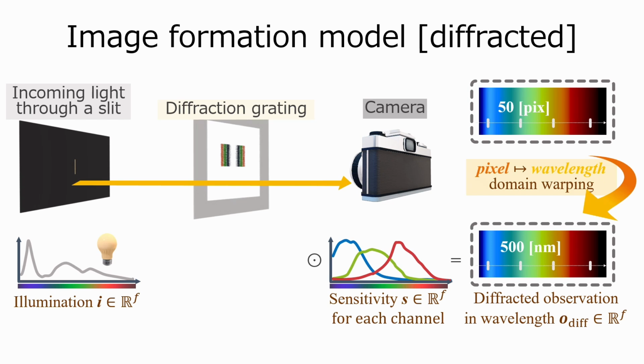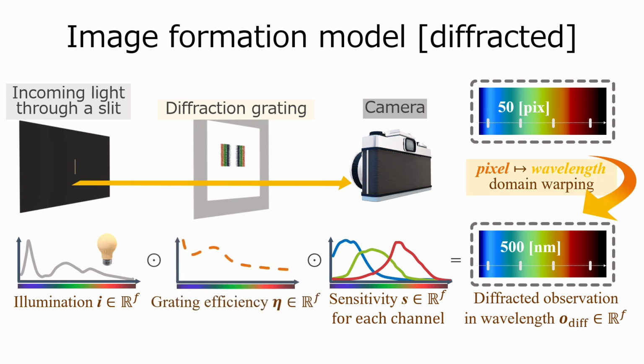But this part will be omitted in this presentation. That said, inexpensive holographic diffraction gratings are not perfect, and therefore, in addition to the ideal model, in practice, the diffraction grating exhibits an unknown wavelength-dependent efficiency, and the image observed through the camera is effectively biased by this efficiency.